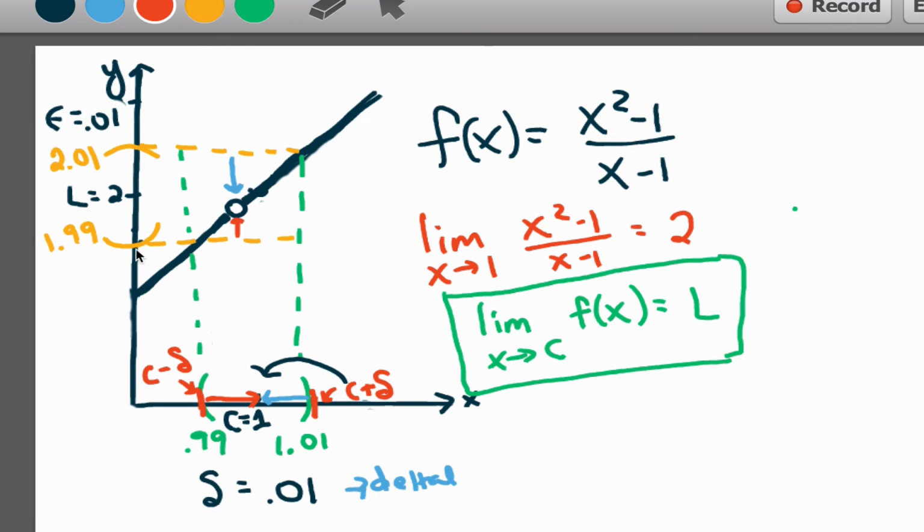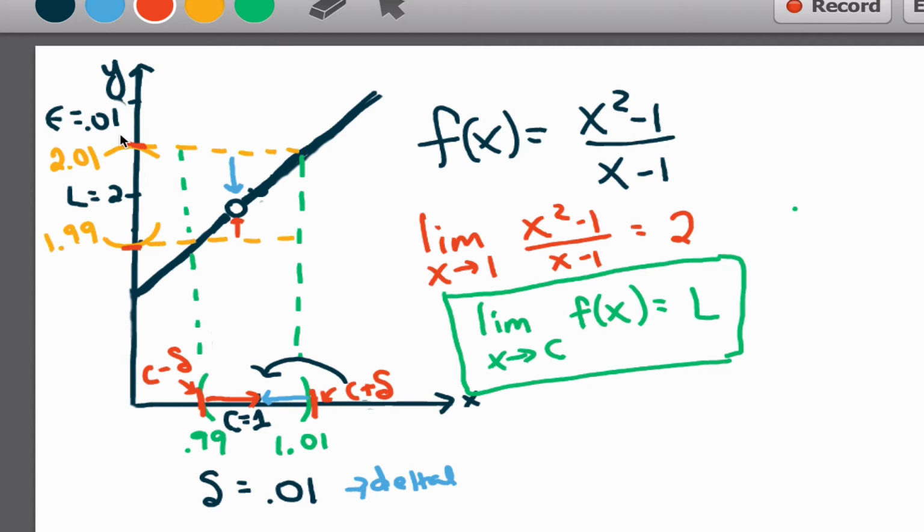In the same way, we analyze the interval around the value 2, which happened to be the limit of our function. We noticed that if we move 0.01 below the limit, we arrived at 1.99. If we moved 0.01 units above the limit, we arrived at 2.01. And we call this small distance epsilon.